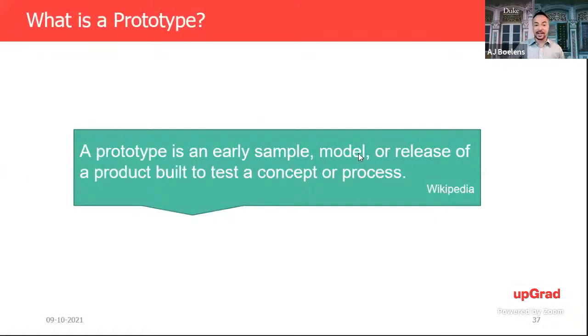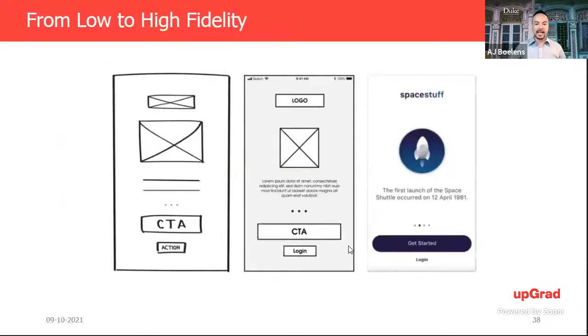So a prototype is just an early sample, a model or release of the product to test concepts or processes. That's the official definition of it. But we go from low fidelity to high fidelity. So Nakul, going back to you. Over here on the right, this is a high fidelity prototype.